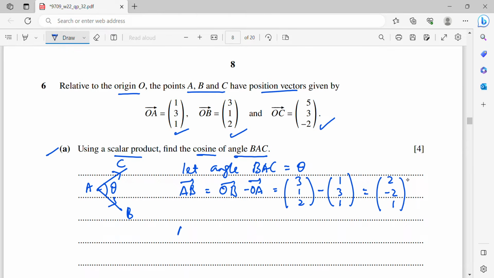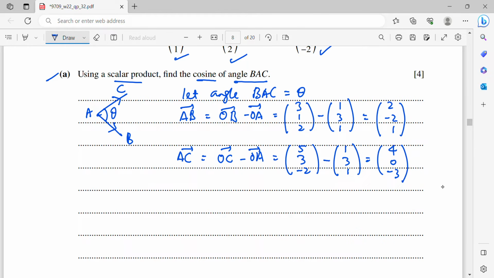The next vector that we need in this calculation is vector AC. It is the same as OC minus OA. So my OC is 5, 3, minus 2, minus OA, which is 1, 3, 1. At last, you will be getting 4, 0, minus 3.